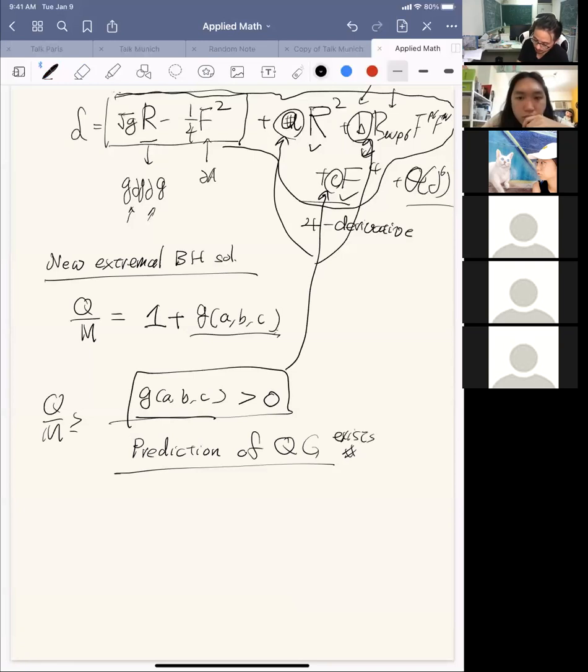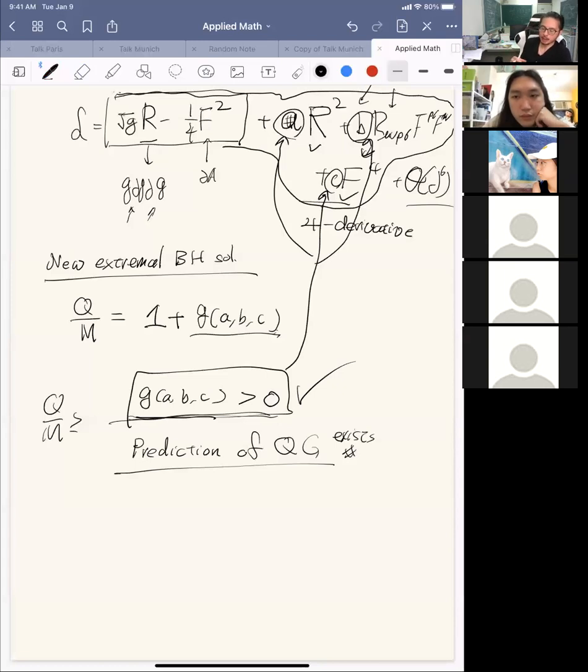For those of you who've heard about string theory as a quantum gravity theory, you can take string theory and compute these corrections, and you'll see that in string theory this is indeed bigger than 0, guaranteed. Each different string theory always gives G(A,B,C) bigger than 0. So contrary to some statements that are out there, we actually know a lot about quantum gravity.